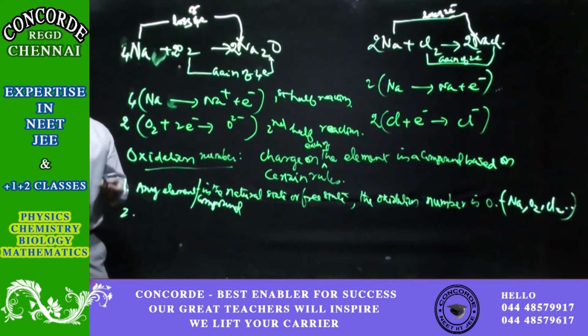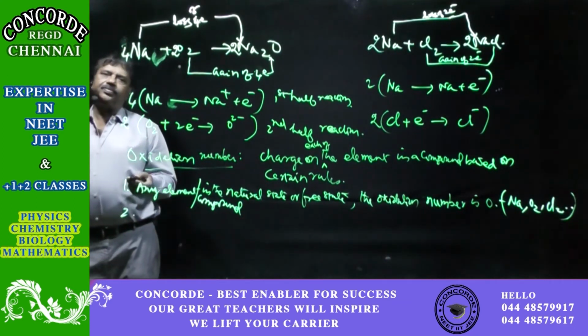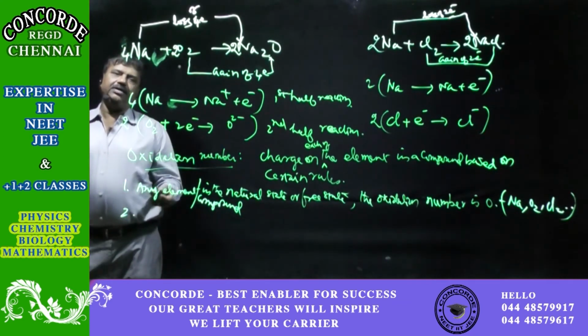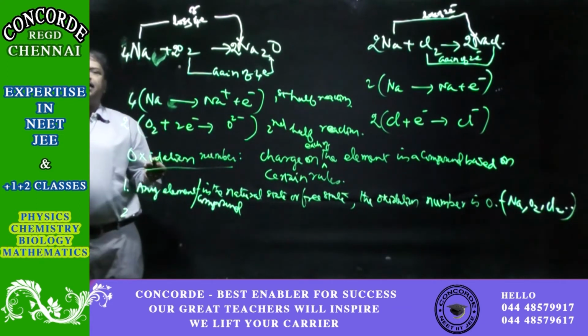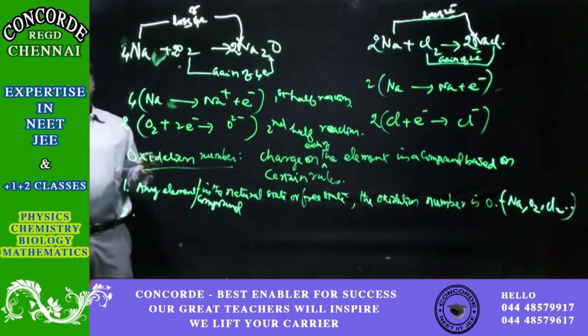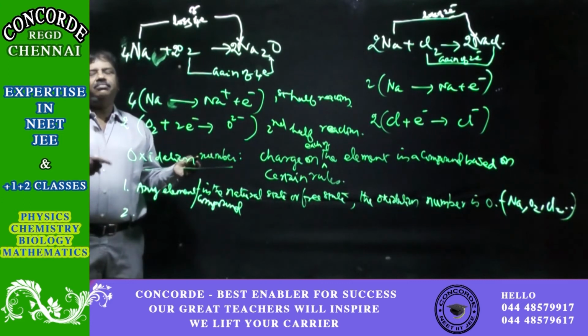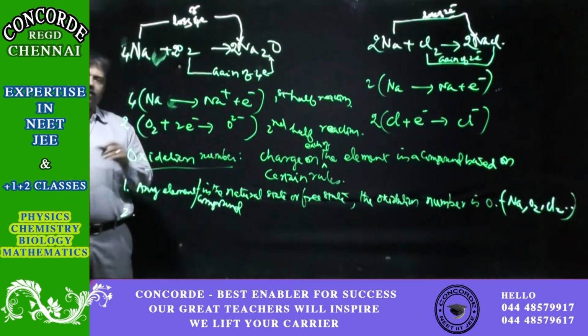Most of the electronegative elements, if they are available in a combined form, will be considered as minus charges depending upon the number of electrons they are going to accept.